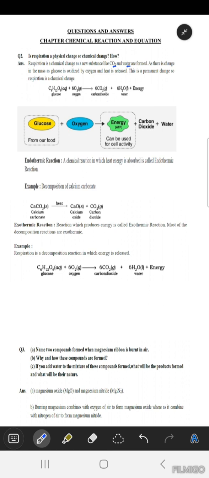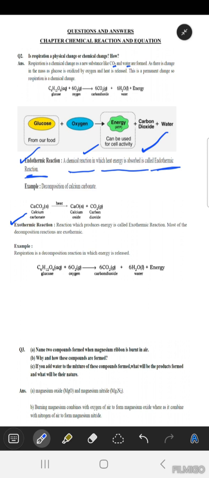Second important question is: what is an endothermic reaction and what is an exothermic reaction? A chemical reaction in which heat energy is absorbed is called an endothermic reaction.